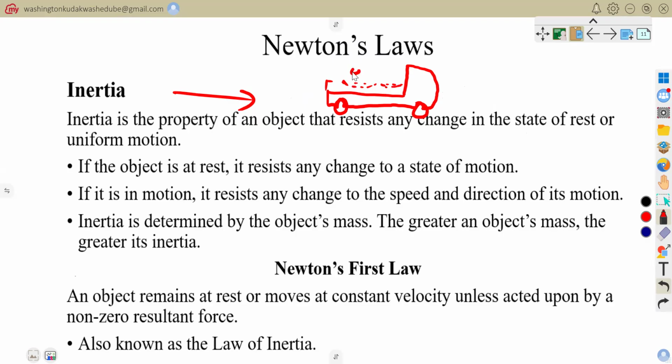Okay, fine. So let's say you are seated at the back, and someone is driving that car. Maybe it's your father, your mother, your uncle, or your brother. And then he or she suddenly steps on the brakes.